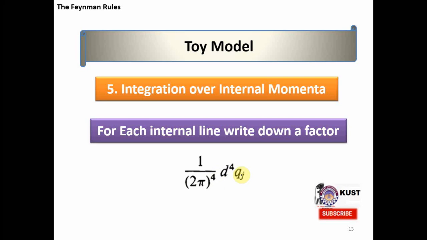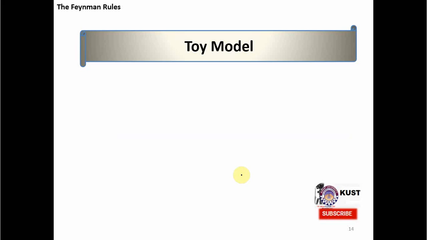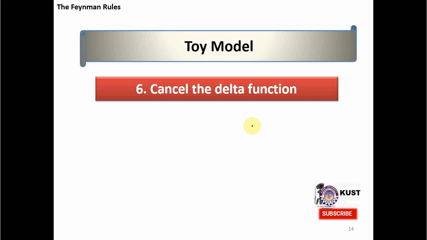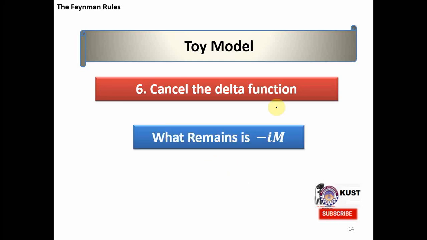Okay, this was the fifth rule, and the last one is to cancel the delta function. Every delta function will be cancelled, but what will remain is the minus i M. This is the amplitude.